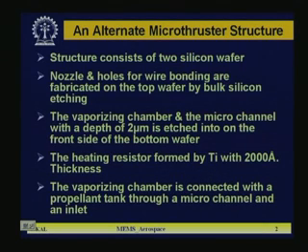The vaporizing chamber and the micro channel with a depth of 2 micron are etched on the front side of the bottom wafer. The heating resistance is formed by titanium with 2000 angstrom thickness. The vaporizing chamber is connected with a propellant tank through a micro channel and inlet.